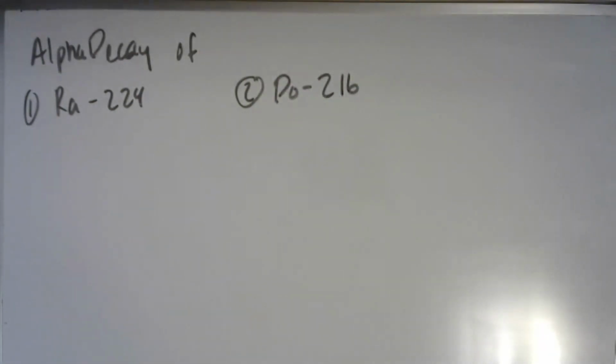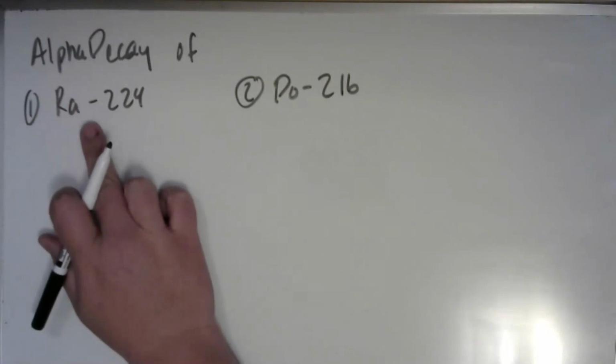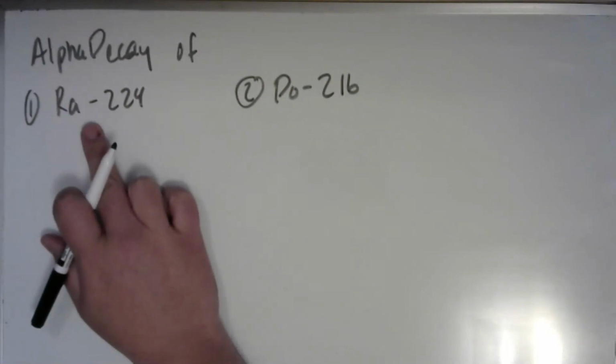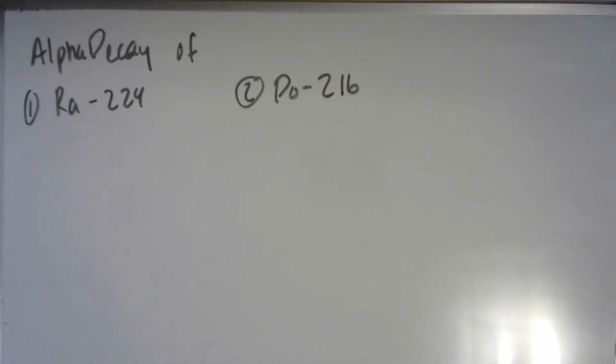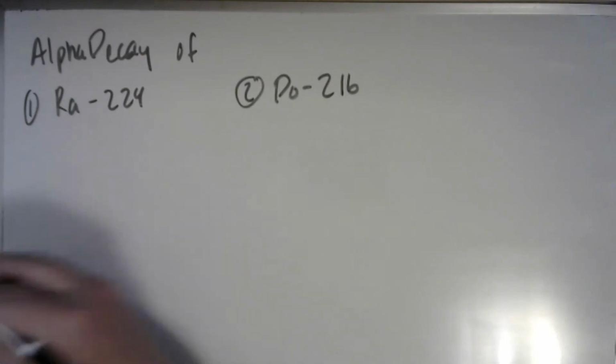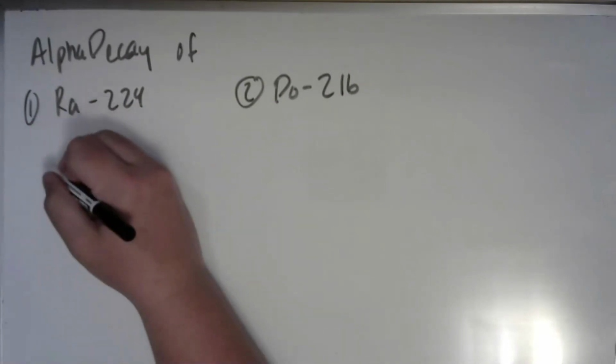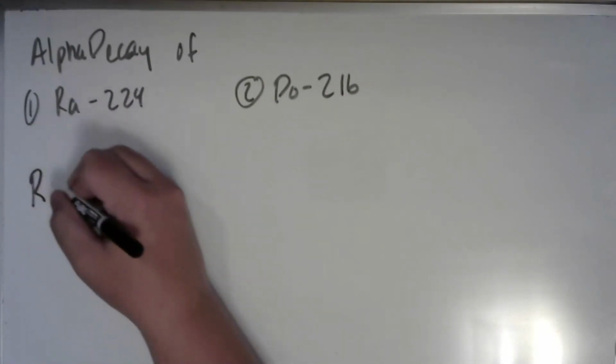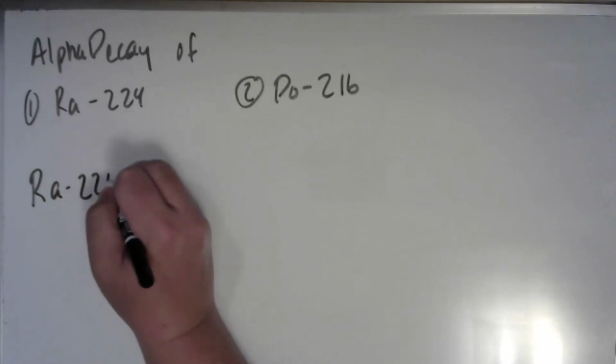Okay, so remember, alpha decay just means that we're going to be removing an alpha particle from our initial isotope and then figuring out what remains. Okay, so starting here with our radon 224.